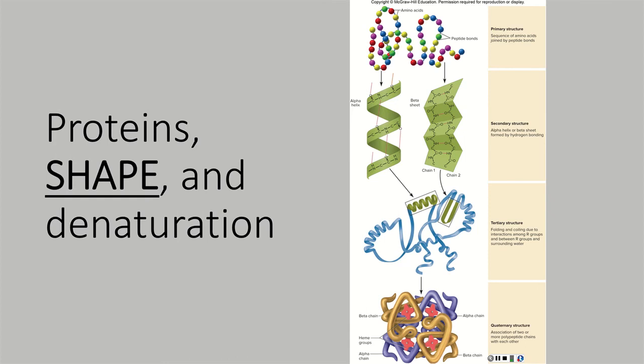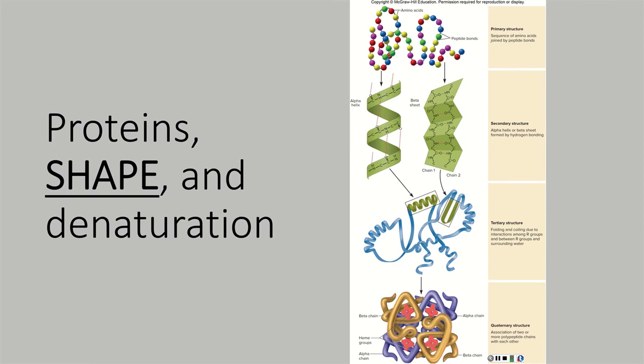And if you change a protein's shape, you change its ability to do its job. So what happens if we break some bonds in this protein? Well, if you break its bonds, you're going to change its shape. And that's called denaturation. Denaturation is what happens when you break bonds within a protein and cause it to lose its shape.